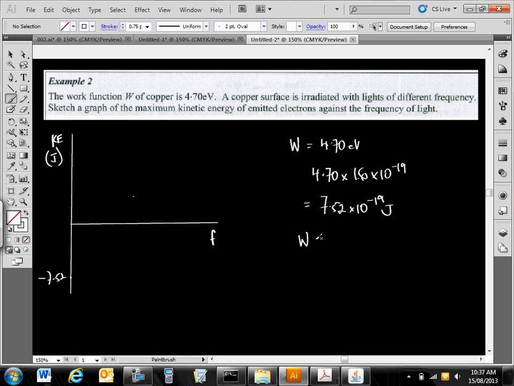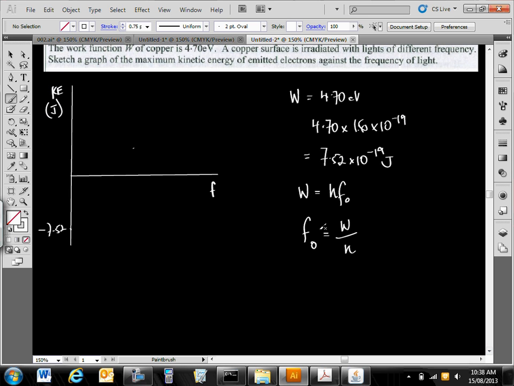Work function related to the frequency is Planck's constant multiplied by the threshold frequency. So the threshold frequency is equal to the work function on h. Which work function do I use, this one or this one? The bottom one, yeah, that's right. We need the units for these two to be equal, okay?